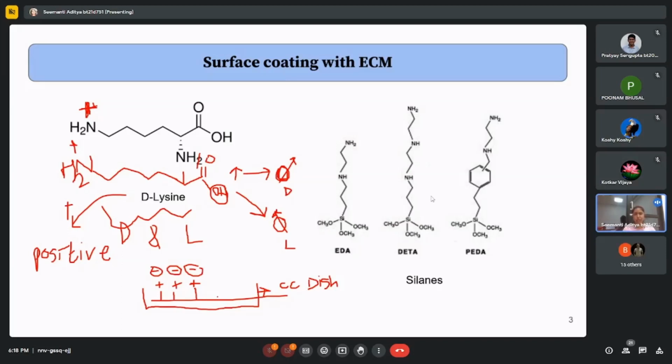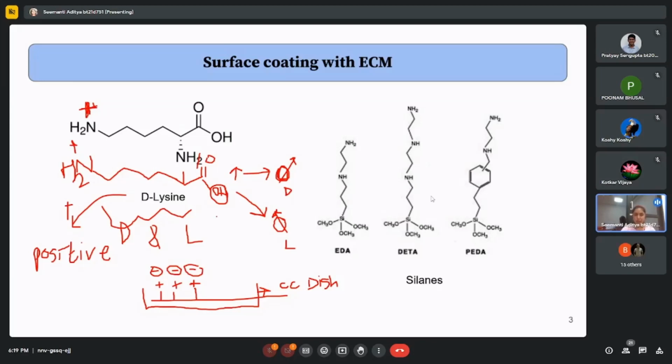Those optimizations have to be done based on what cells we are working with and how the cells are behaving. So the main principle behind poly D lysine and cells adhering is the electrostatic interaction.